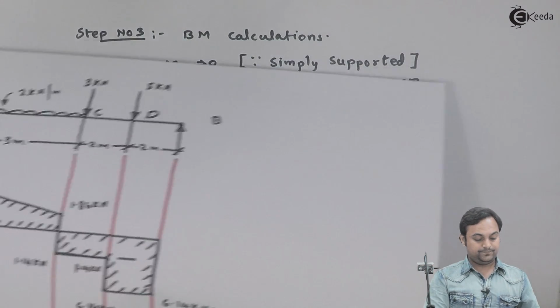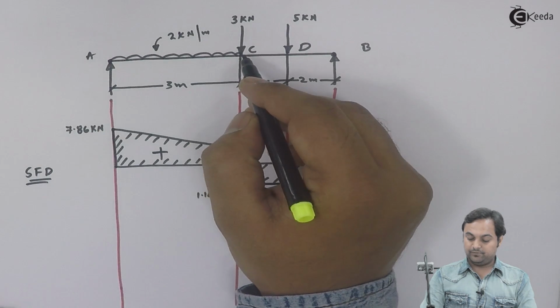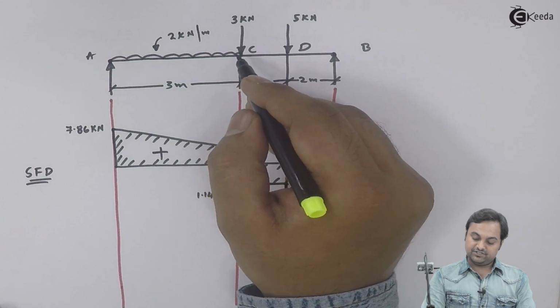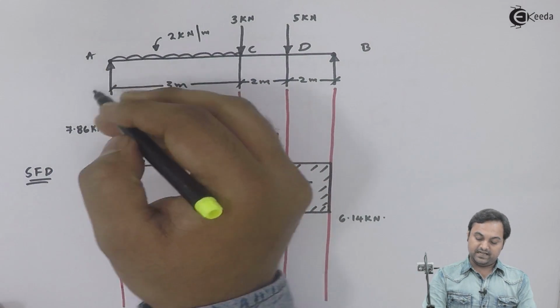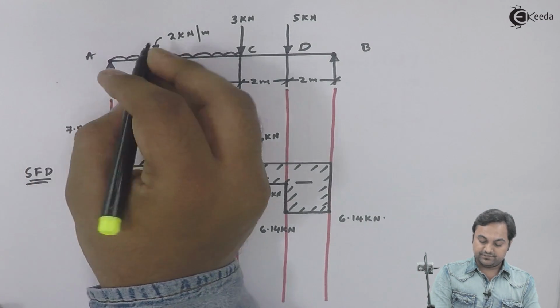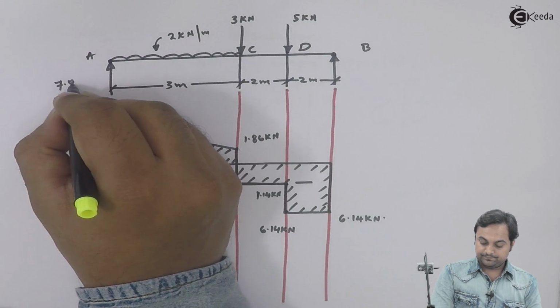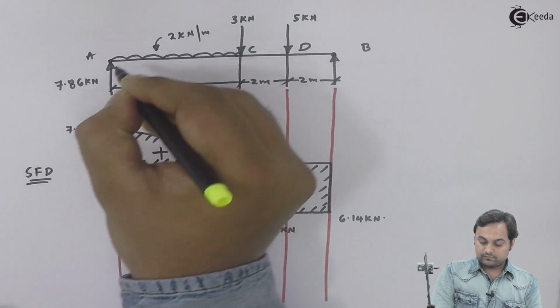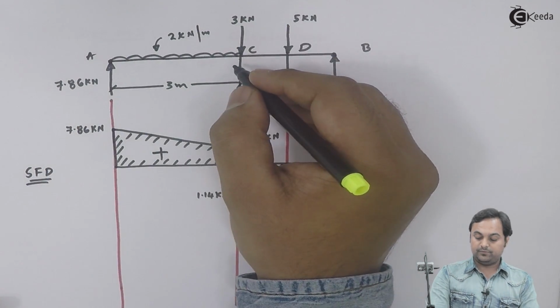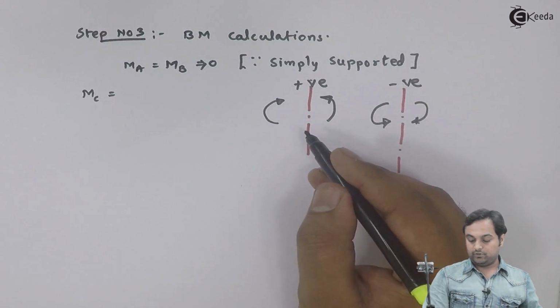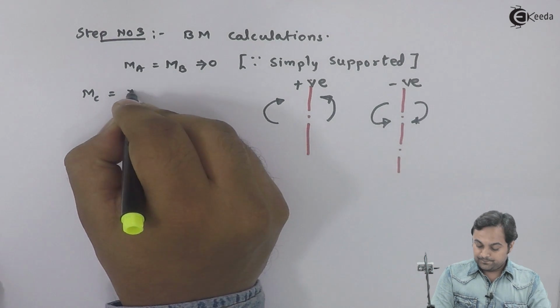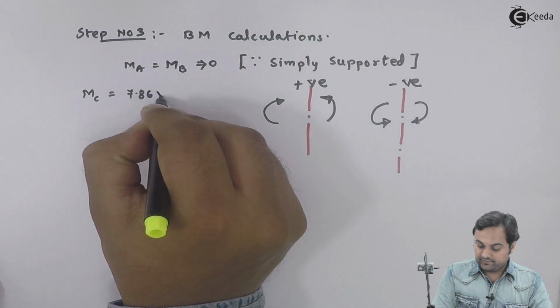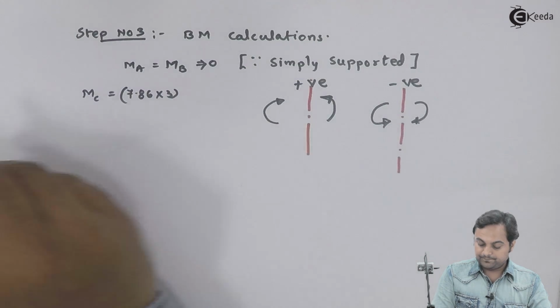So therefore, if I want to calculate moment at C, my section would be at C, and to the left I have RA, which is 7.86 kilonewton. This would be producing clockwise moment, so it has to be taken positive. 7.86 into 3.